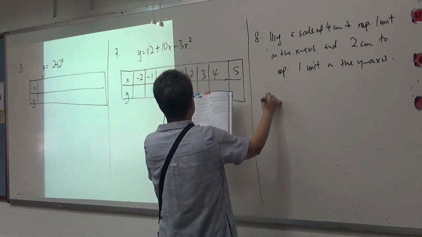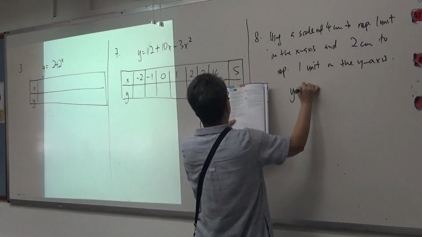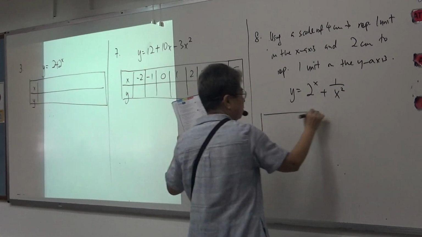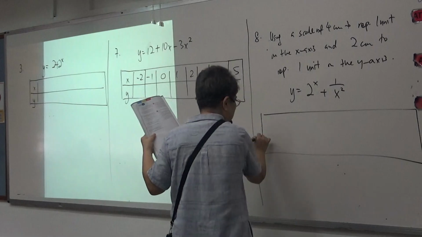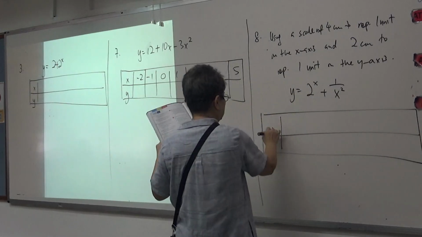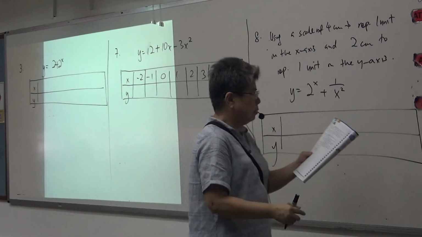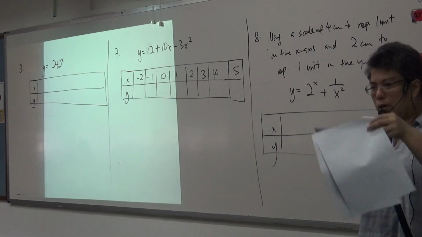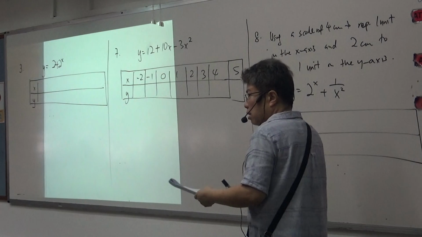Okay, so let's see what's the blah blah like. Table not given, so I'm going to give you the table. This one must be more points, if not you will get a very funny curve.